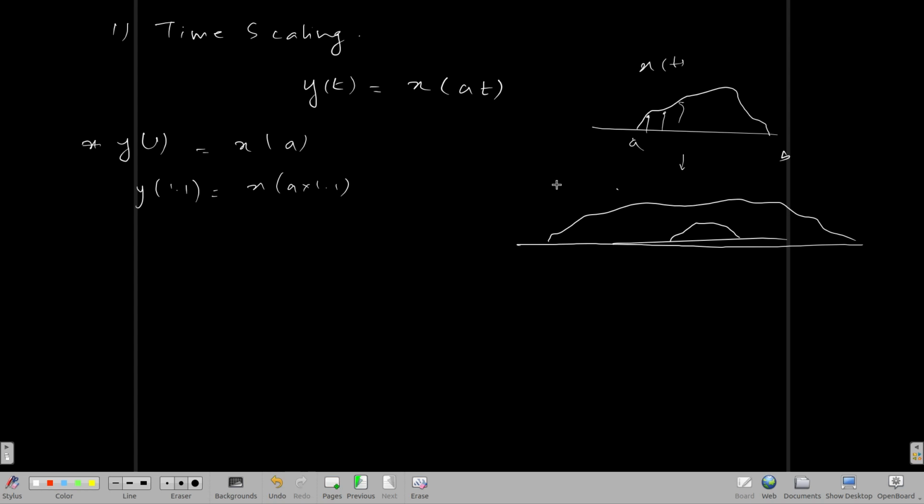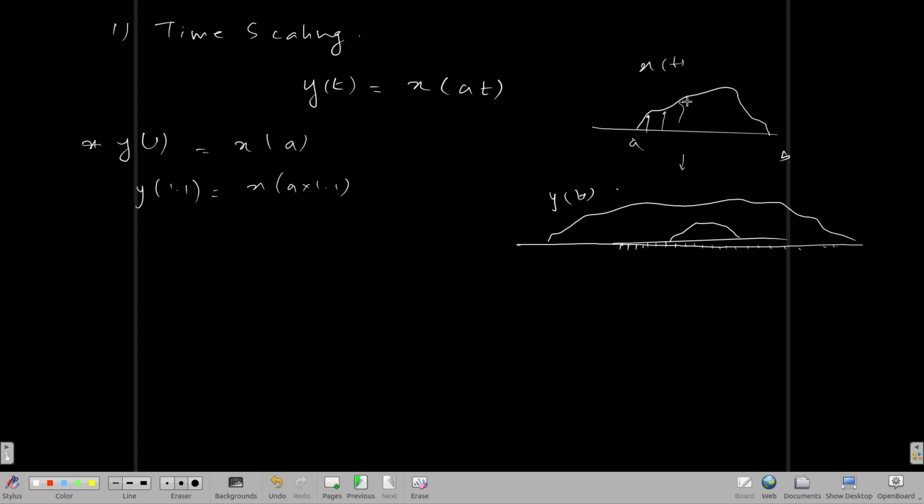So we are mapping every value of time from minus infinity to infinity for y of t. We are mapping from x of t. It can be zero value or a non-zero value depending on at which points of time x of t has a value, right? So basically we are taking something and putting it here.